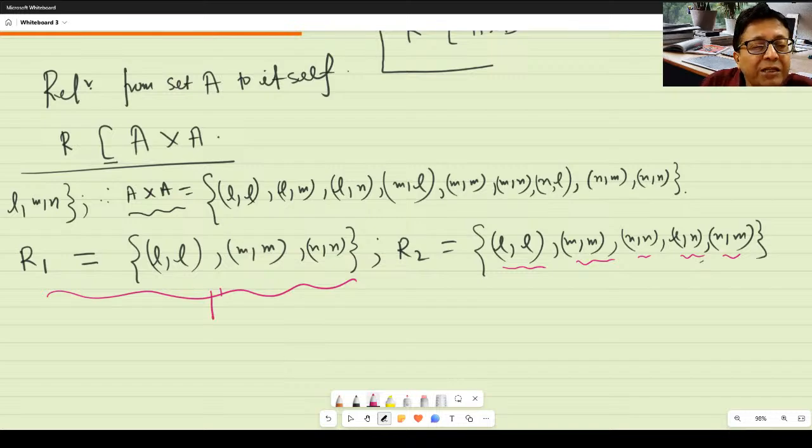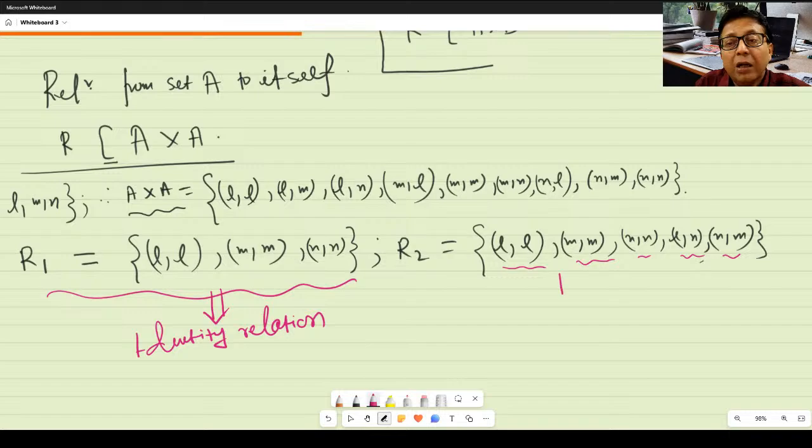These kind of relations in mathematics will be termed as identity relation. Okay? And this kind of relation will be defined as a reflexive relation.